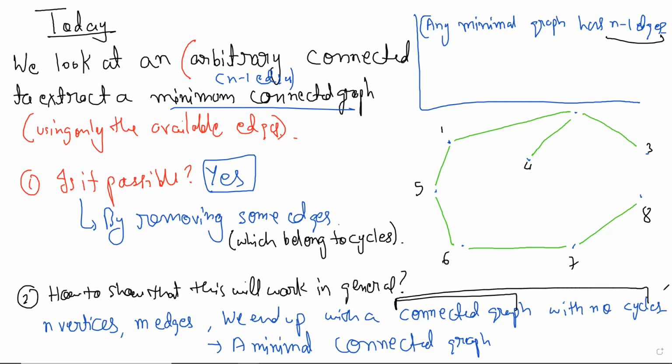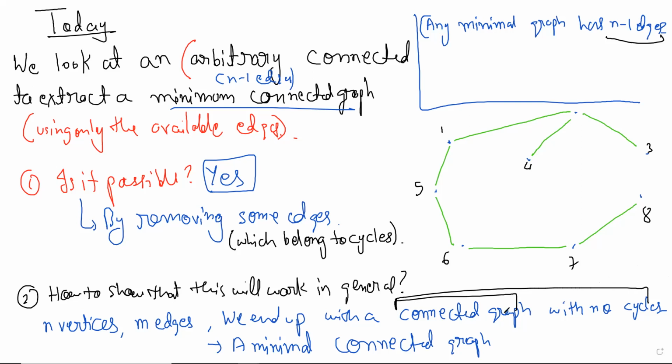But what do you want to show? You want to show that you will end up with n minus 1 edges, that you will end up with minimum. What we have done doesn't a priori mean that it's minimum. We are just trying to minimize it. We end up with a connected graph with no cycles.